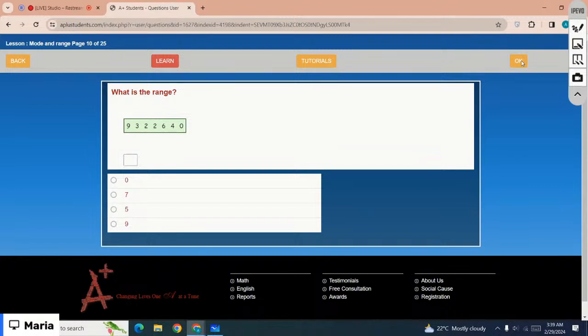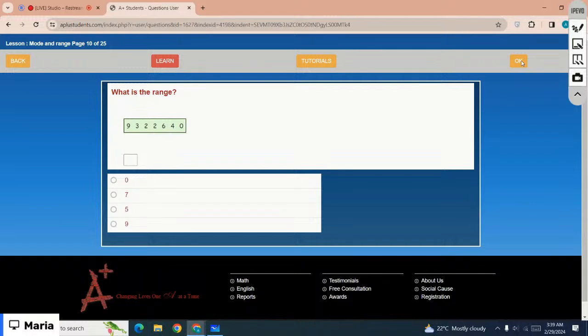What is the range? The range is 9 minus 0, and 9 minus 0 is 9.